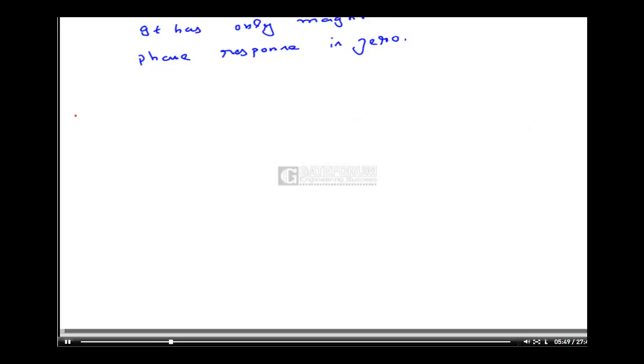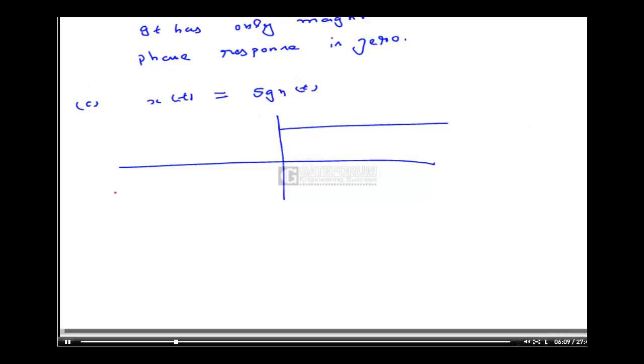Next problem. x(t) is equal to signum function of t. Find the Fourier transform of this. First of all, signum function is this.